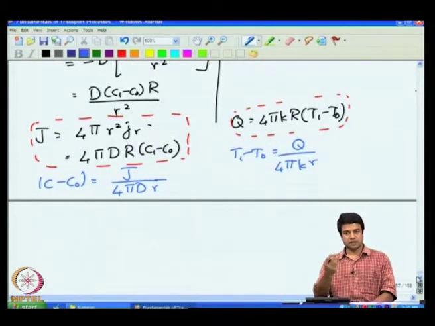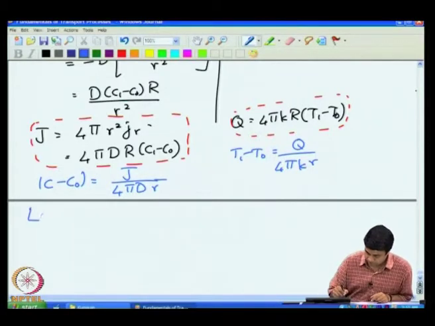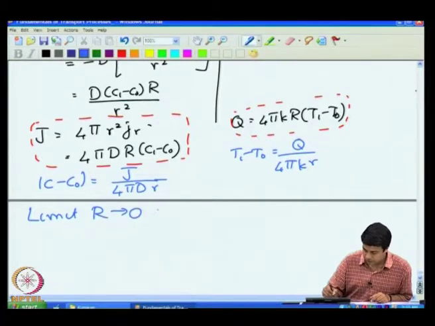As I made my particle smaller and smaller, even in the limit of capital R going to 0, these solutions are still valid. The limit R going to 0 is called the point particle.